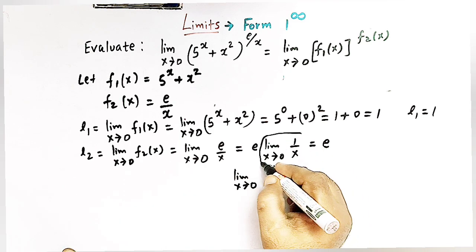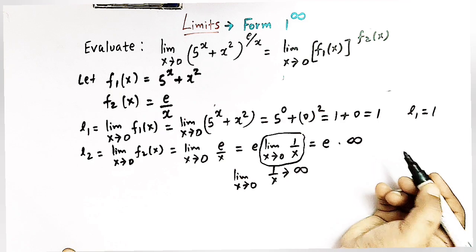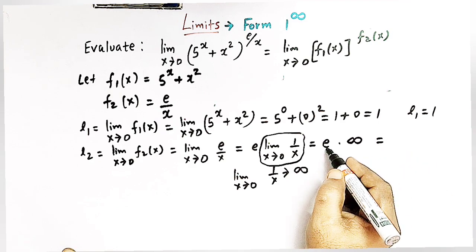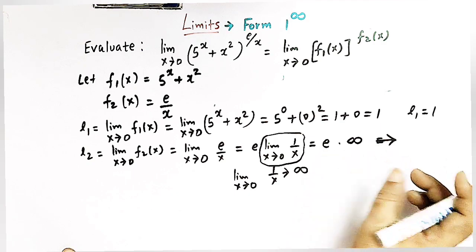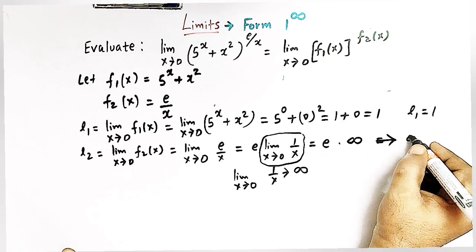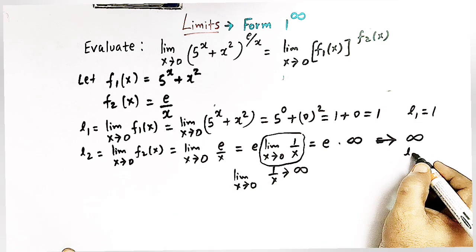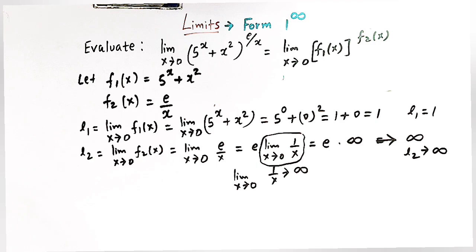So this limit tends to infinity. So here we have infinity, and when we multiply infinity with this e, this expression also tends to infinity, right? So L2, this limit tends to infinity.